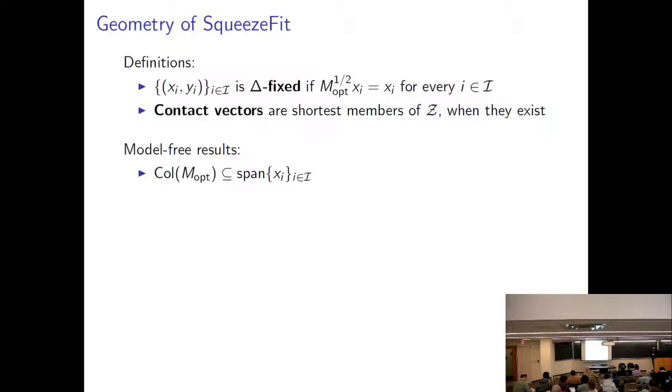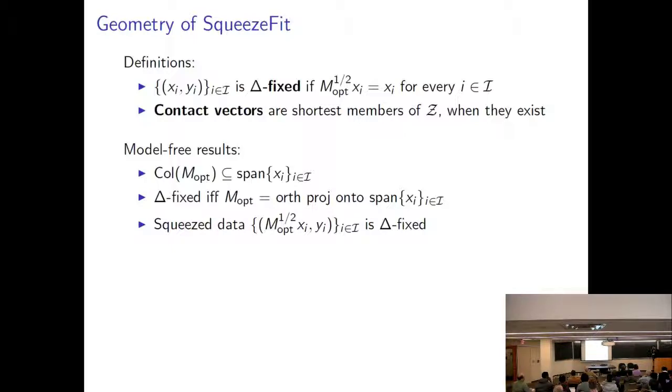It's always the case that when you run SqueezeFit, the column space of the optimizer resides in the span of your data. The reason is you're minimizing trace. If there's anything in the complement of that span, you can remove that component and decrease the trace. You can use that to prove the non-trivial direction of this equivalence: your data is delta fixed if and only if the optimizer is orthogonal projection onto the span of the data.